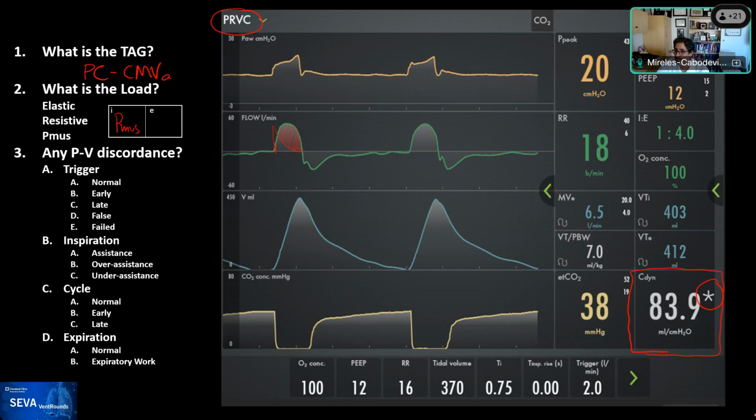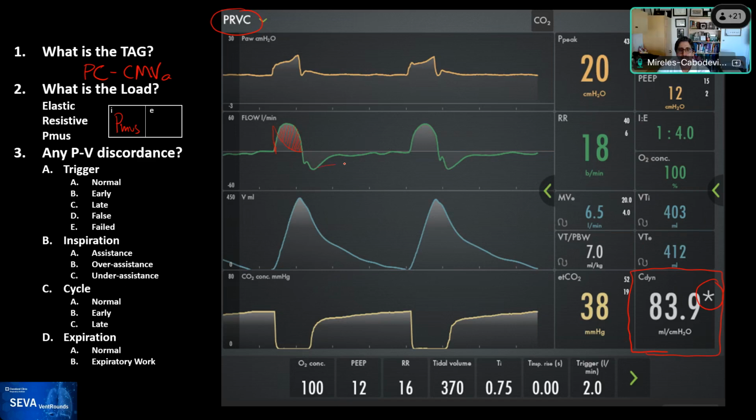Yeah. So there's a question here, Rob. Could we potentially rule out PMUS during expiration because it's not really deflecting from the baseline? I guess when you say deflecting, Alicia, you mean that it's not getting to it? So when there's true PMUS, it's not coming down and then going back up to baseline.